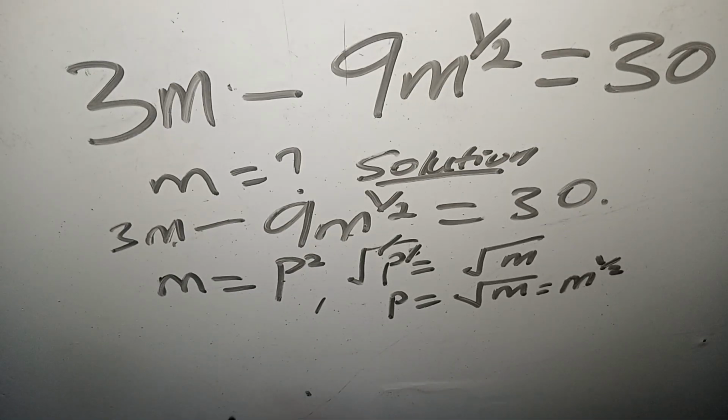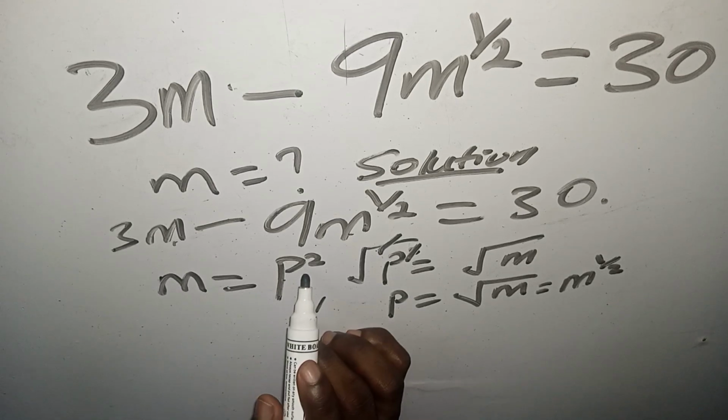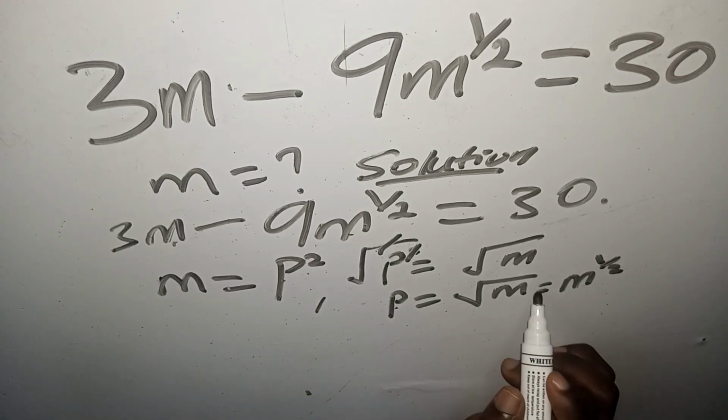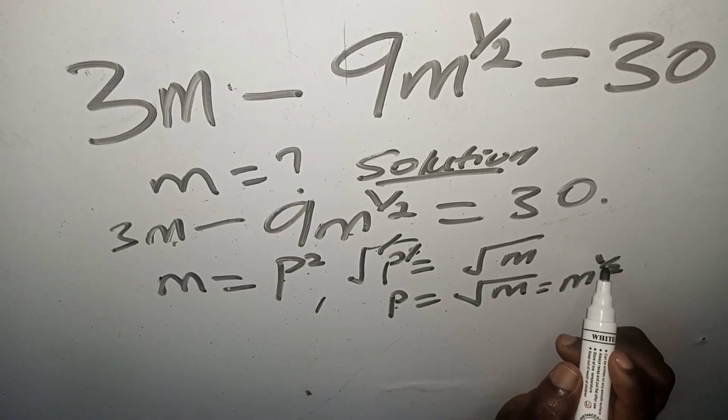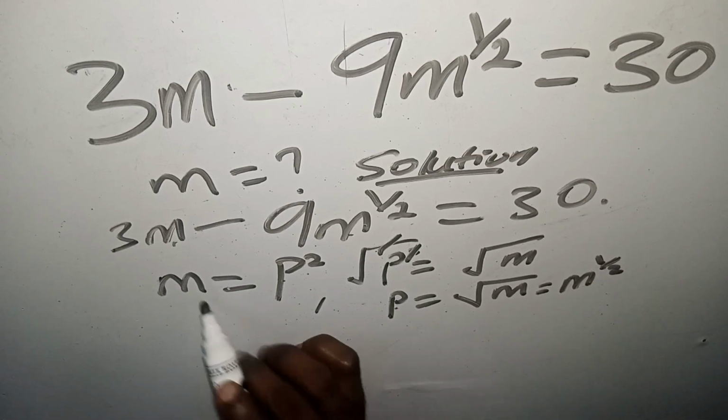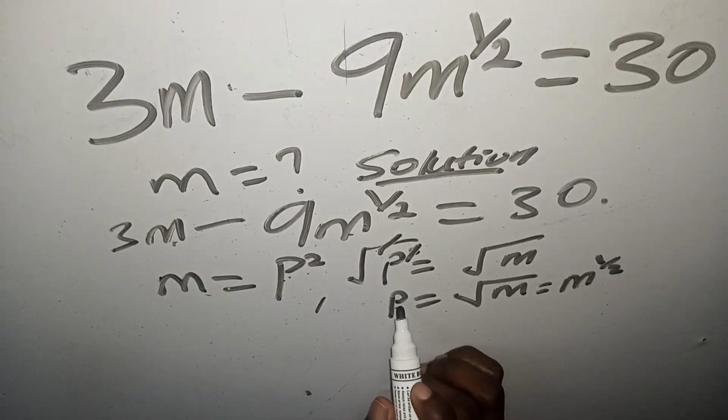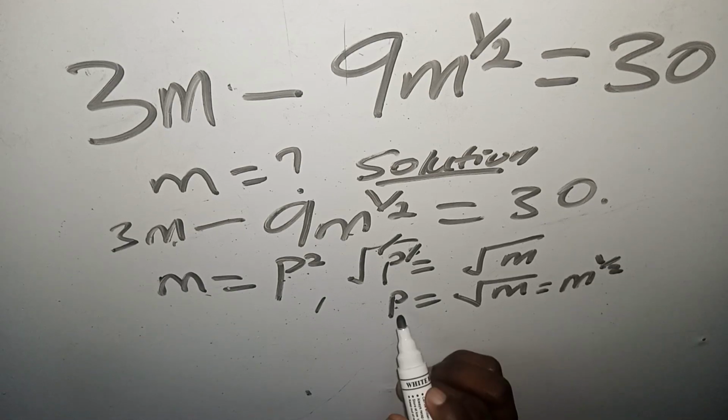Having this, your m is equal to p squared, then your p is equal to m to the power of 1 all over 2. Therefore, wherever we see m, we put p squared, and wherever we see m to the power of 1 all over 2, we put p there.